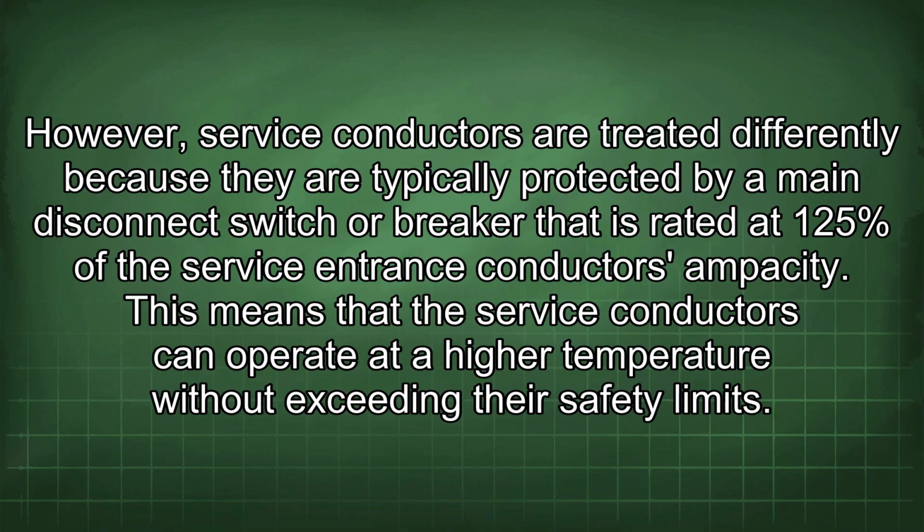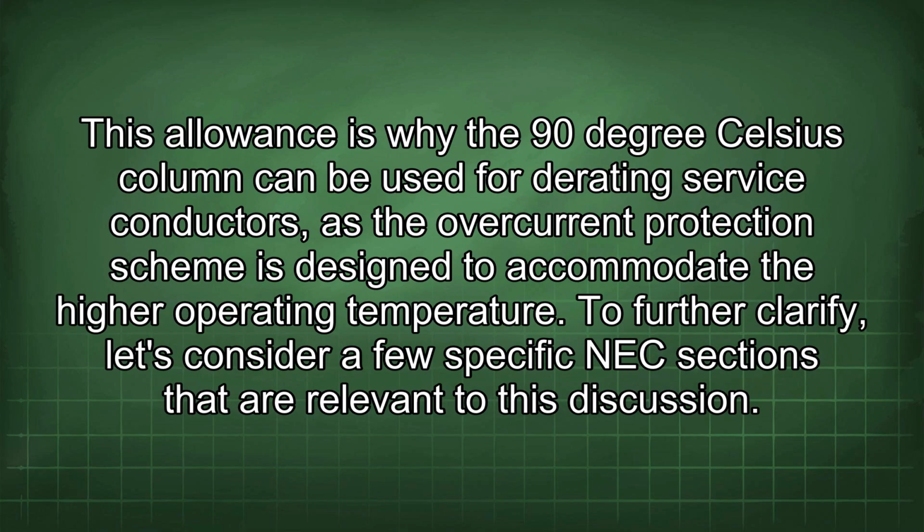However, service conductors are treated differently because they are typically protected by a main disconnect switch or breaker that is rated at 125% of the service entrance conductor's ampacity. This means that the service conductors can operate at a high temperature without exceeding the safety limits. This allowance is why the 90°C column can be used for derating service conductors, as the overcurrent protection scheme is designed to accommodate the higher operating temperature.